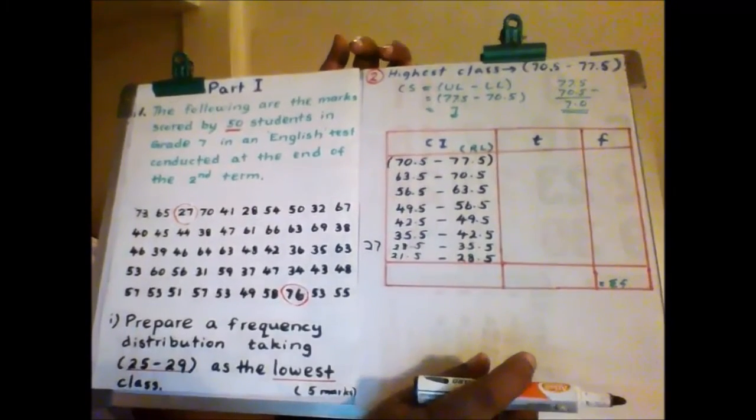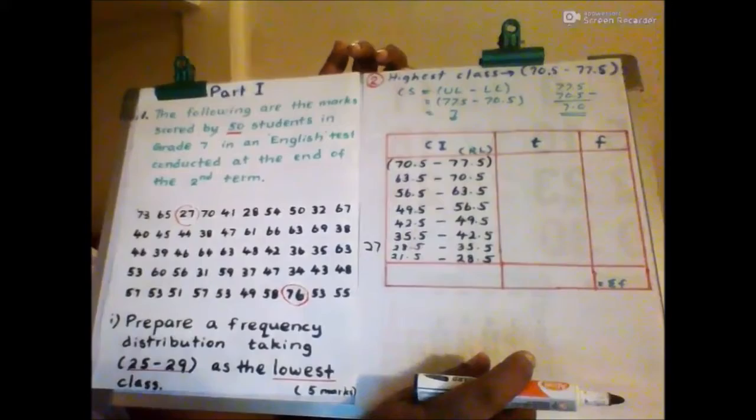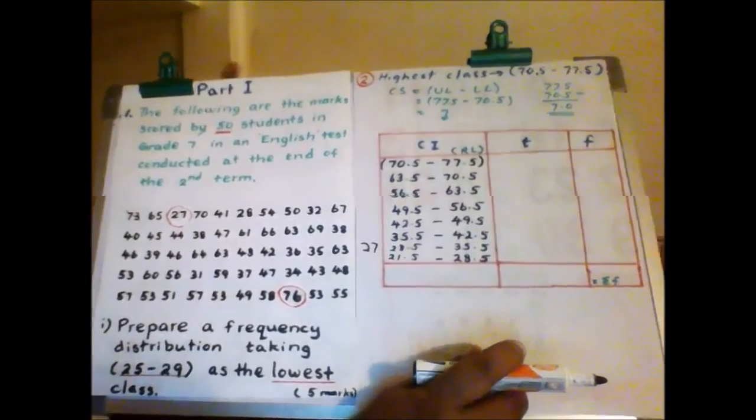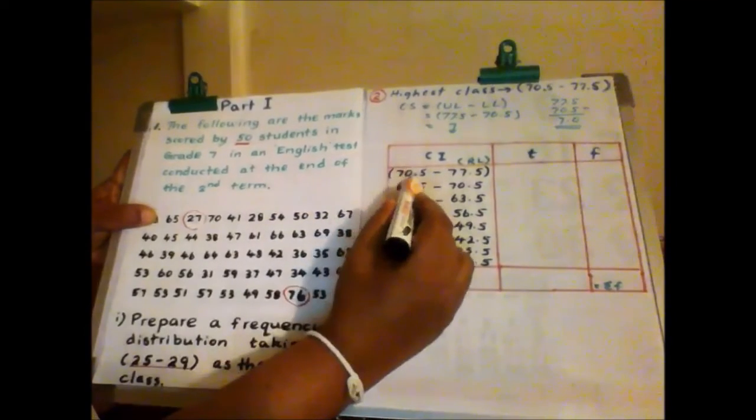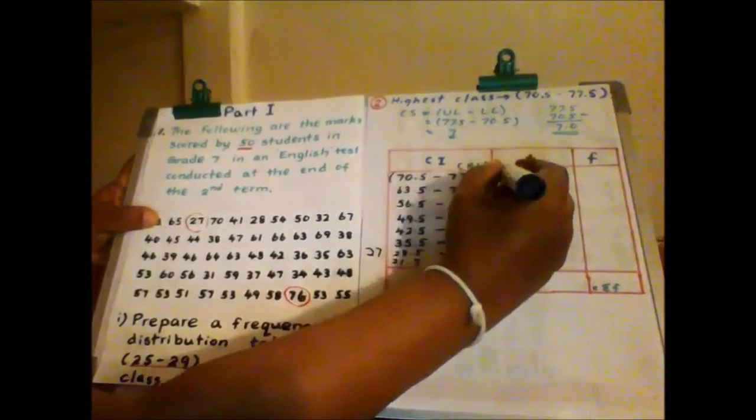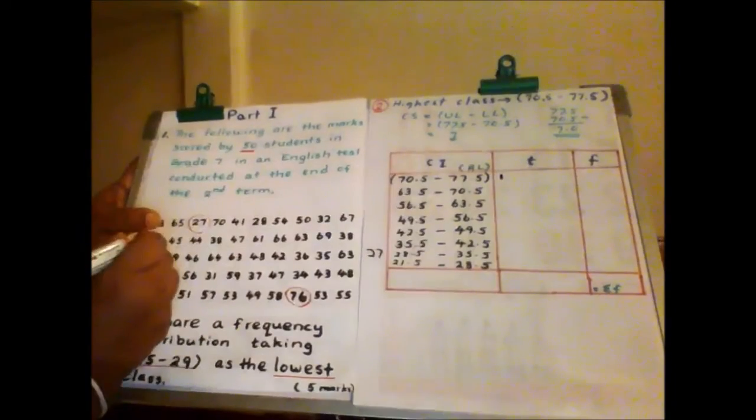Double check. Once you have done that one, go to the tallies. The same method. Cut, put, right? Now go to the first value. It's 73. Cut it from left to right. Cut 73. Where 73? It's included in this class. So put 1 here. 40.